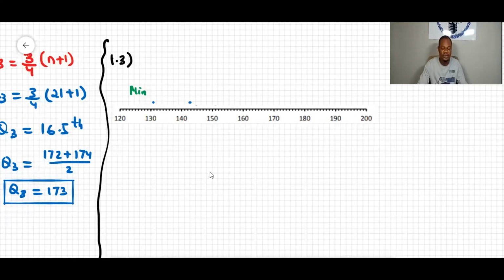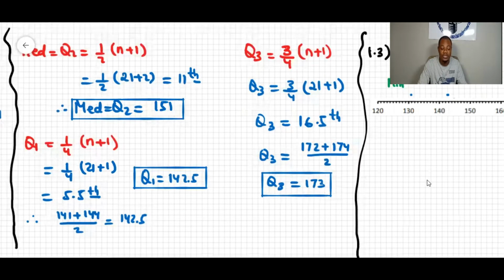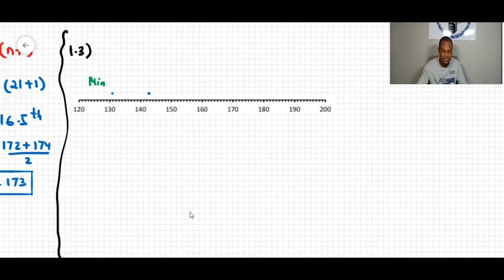All right, and then we're going to find also the median, which is Q2. The median was 151. So I'm going to move here, and 151 must be this 150, and 151 will be just a little above there. I'm going to put 151 there also, dots.